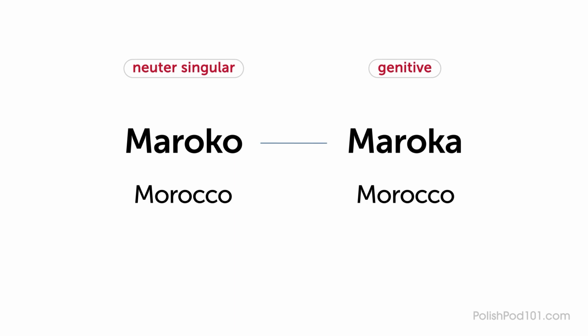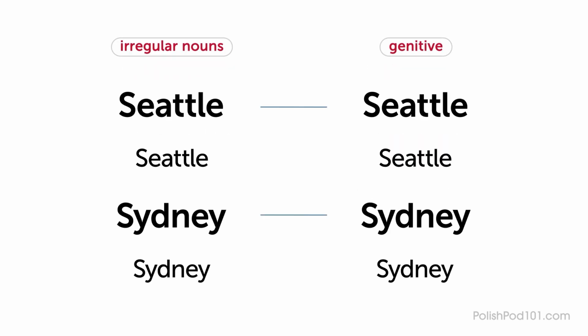Neuter nouns tend to end in O. To form the genitive of neuter singular nouns, replace the ending O with an A. Maroko, Morocco becomes Maroka. Note, there is a set of irregular nouns, such as Seattle or Sydney, that don't change in the genitive.